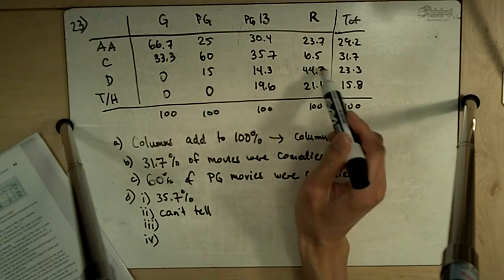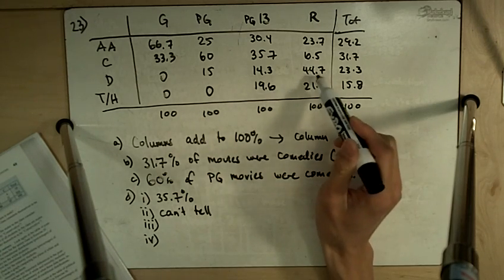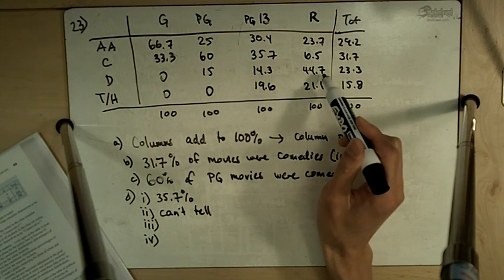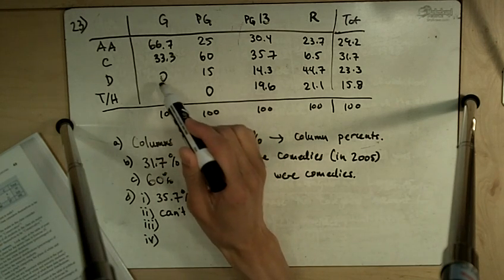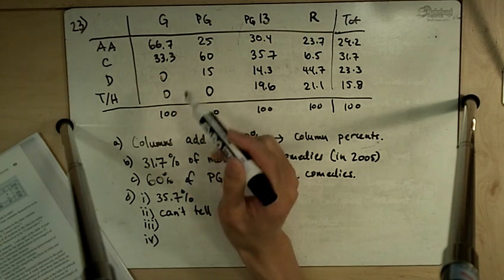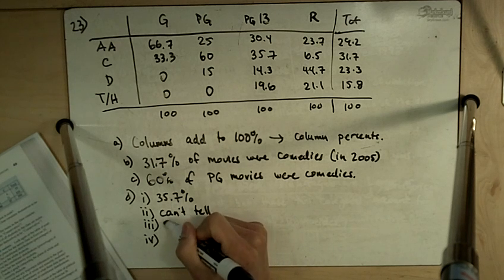In the R-rated movie case for part 2, we couldn't tell because we don't know the actual count, but over here, because it's 0%, we know the actual count is 0, and so we can say this is 0%.